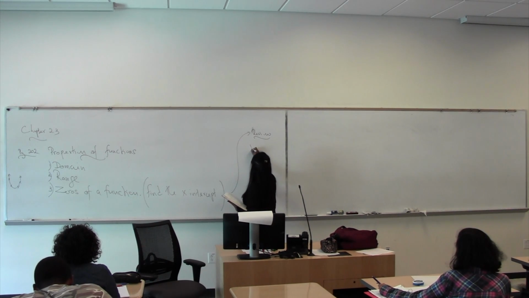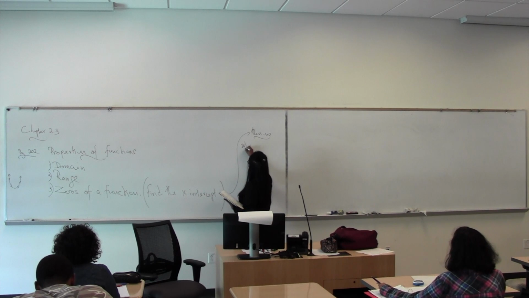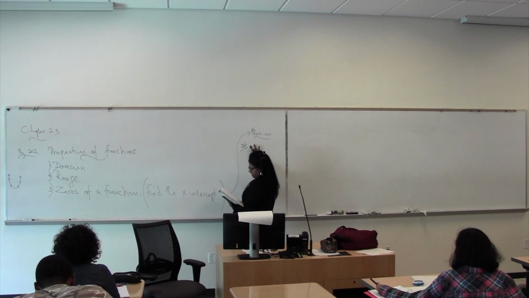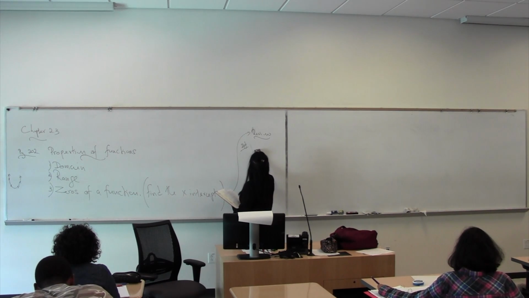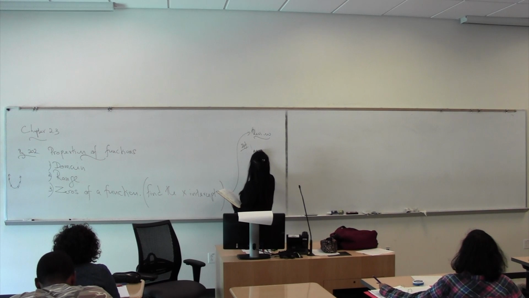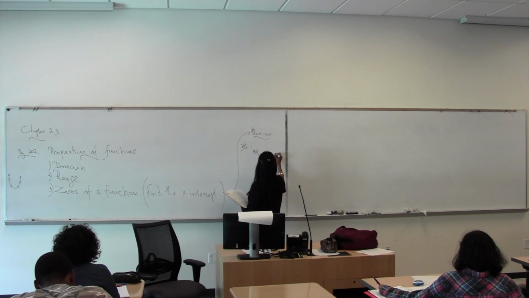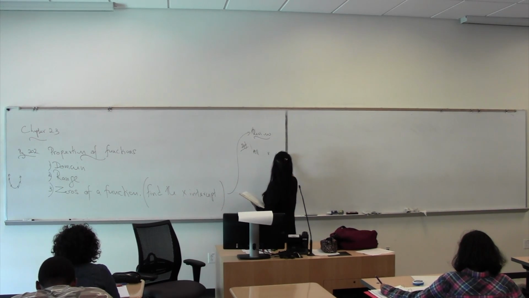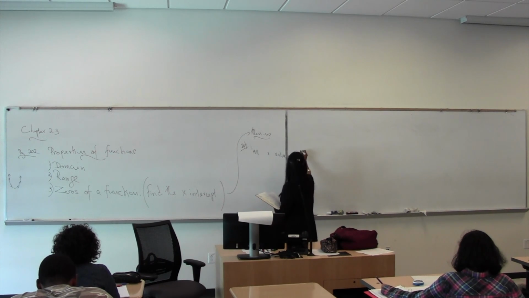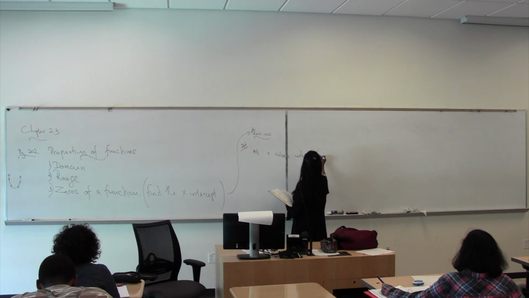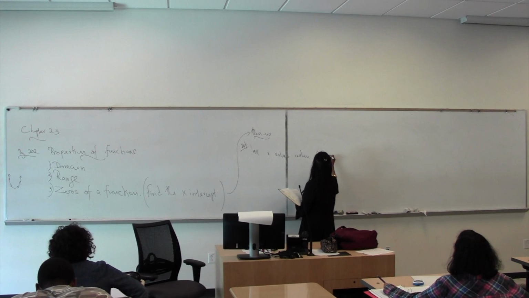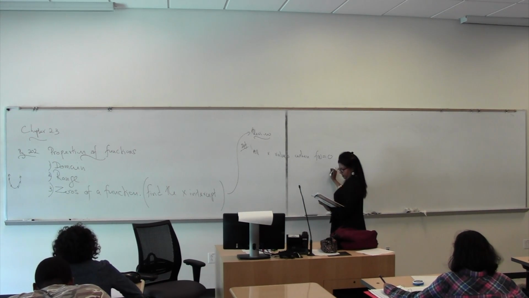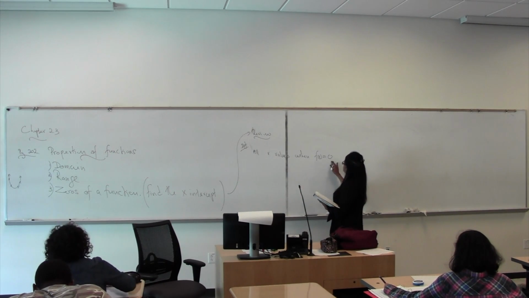This is review. The definition, on page 202: the zeros of a function f are all x values when f(x) is equal to 0.